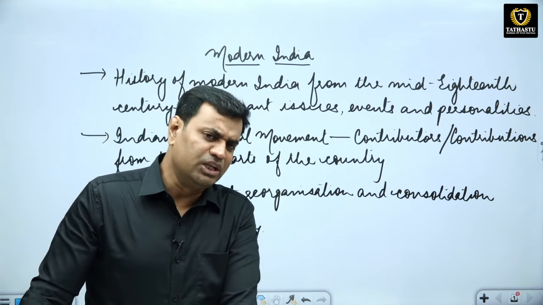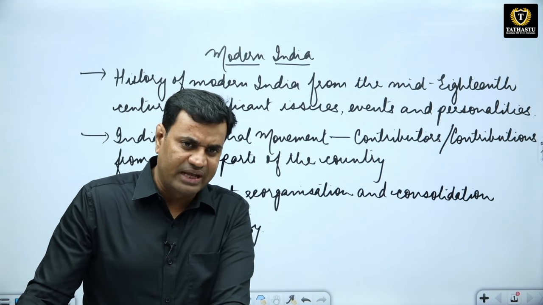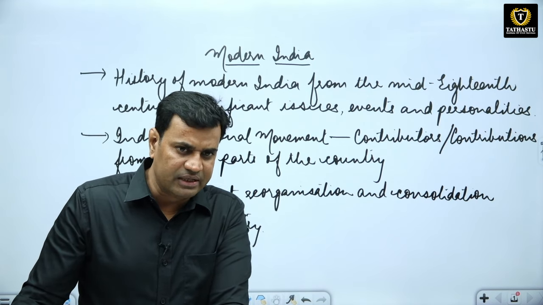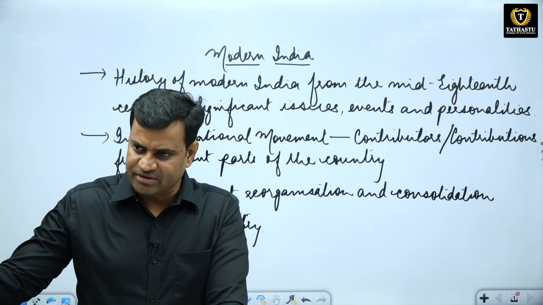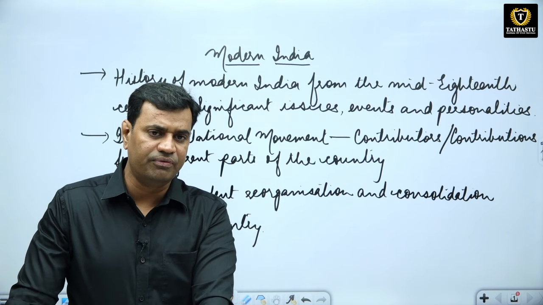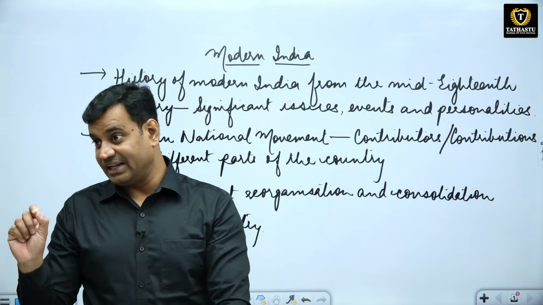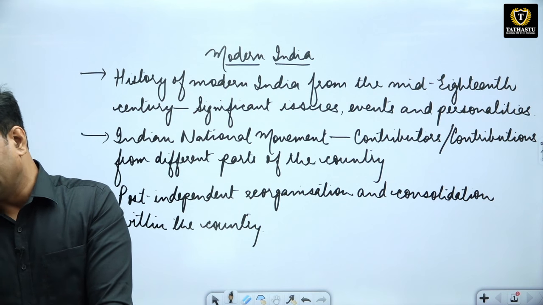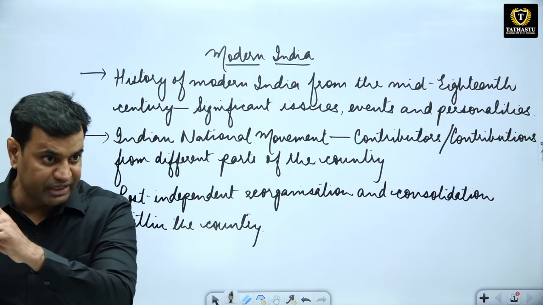He began to use gunpowder from the very first battle, the First Battle of Panipat, in which he defeated Ibrahim Lodi in 1526. Then he defeated Rana Sanga in the Battle of Khanwa. He was successful in these battles also because of gunpowder. So if you get a question, who was the first one to use gunpowder in India, it has been asked in prelims. It was Babur, in 1526.